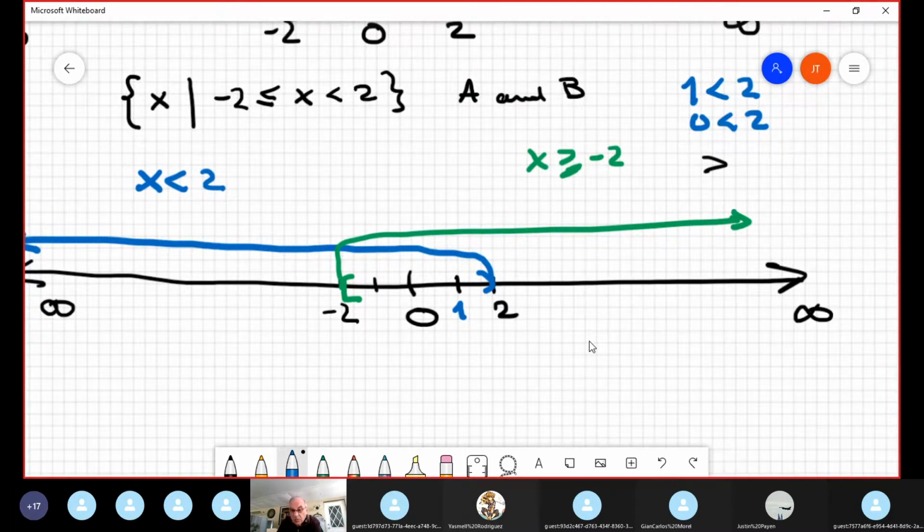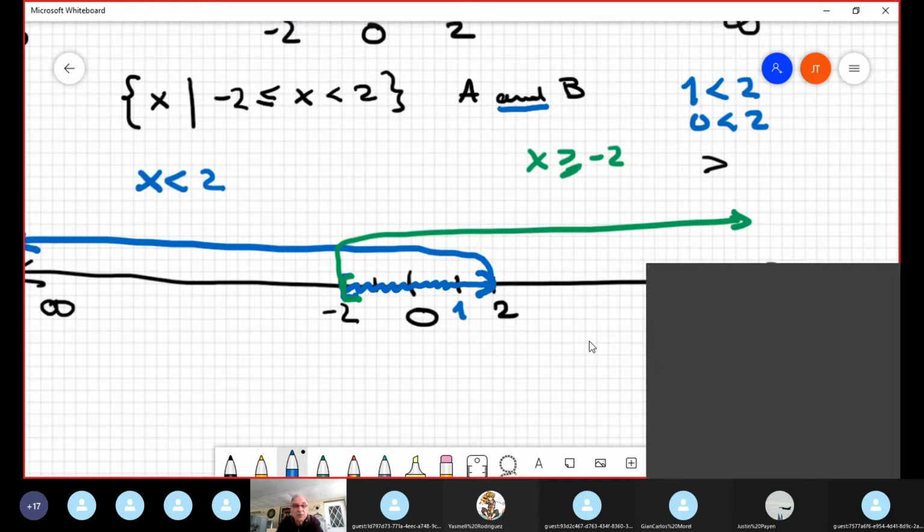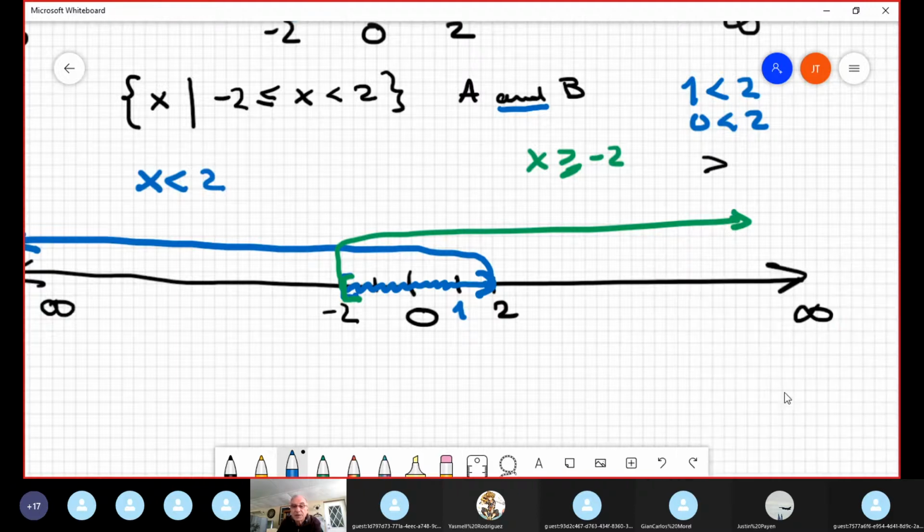The part that is common is the part in between -2 and +2. It does not include +2 and yes includes -2, which is the statement that I tried to explain. Clear, miss? Yes, thank you, Professor.